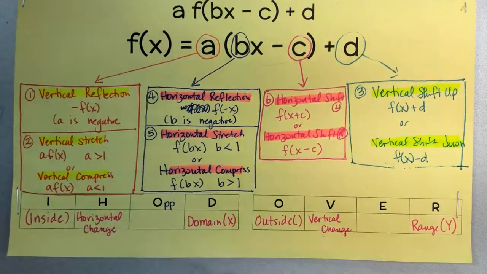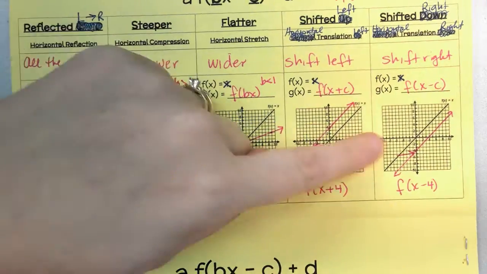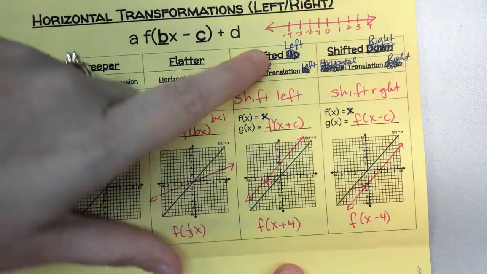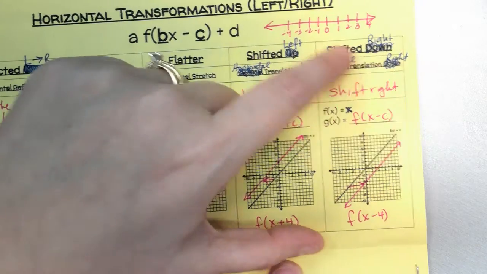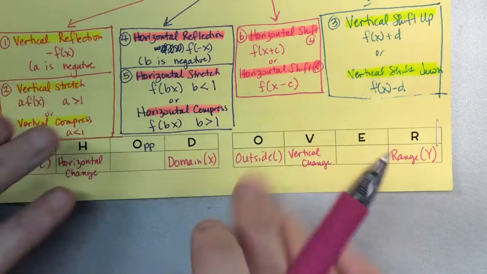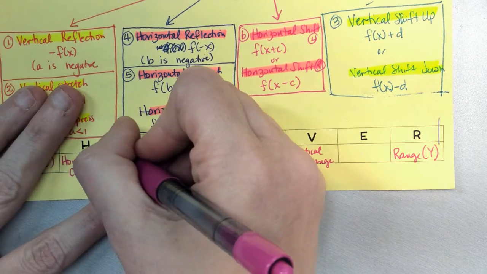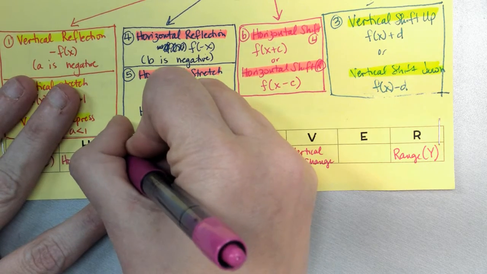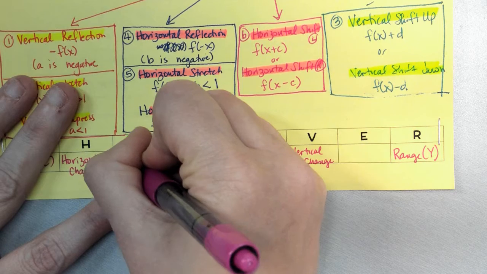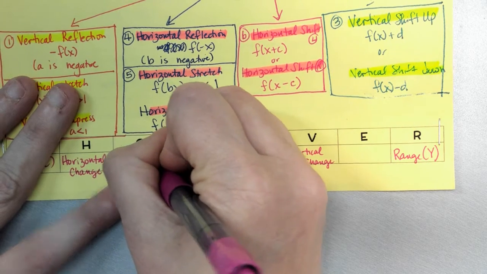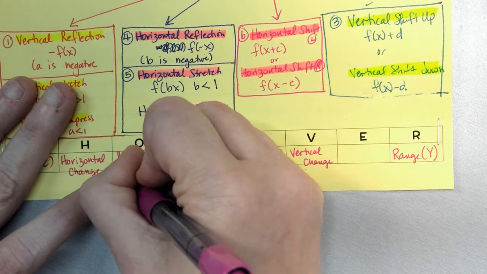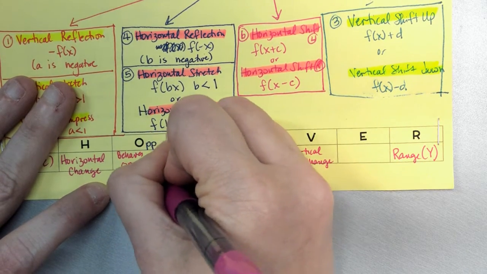Now, I just got done telling you that everything I think is going to happen, the other thing happens, right? So I think it's going to go left, it goes right. I think it's going to go right, it goes left. The O stands for opposite, behaves opposite of what we expect.